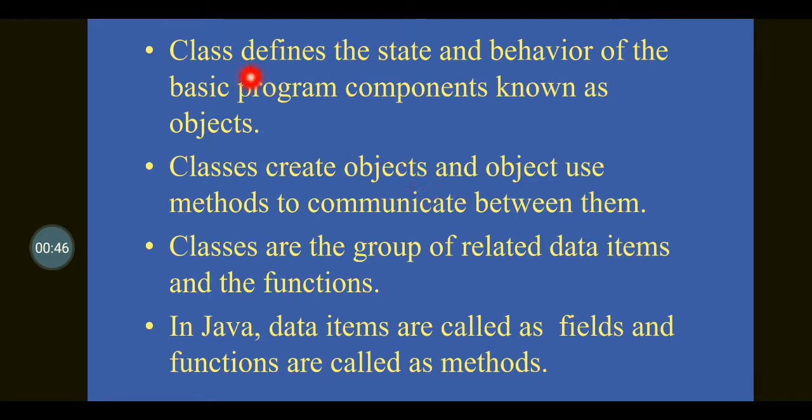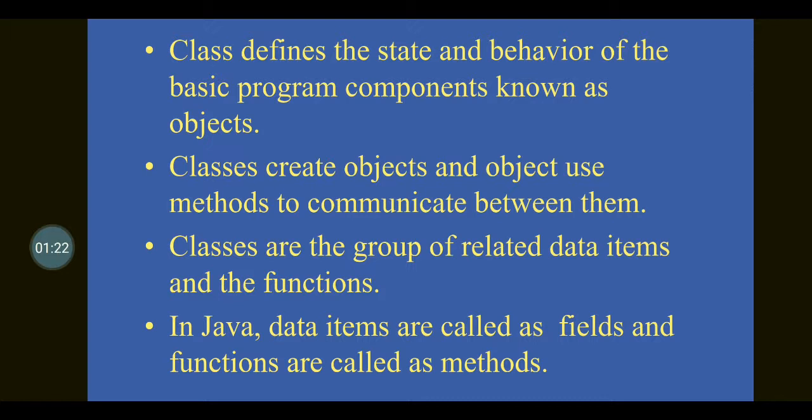So a class defines the state and behavior of the program components. Those components are called objects. Classes create objects, and objects use methods to communicate between them. Classes are a group of related data items and the functions involved in them. In Java, the data items are called fields and the functions are called methods.